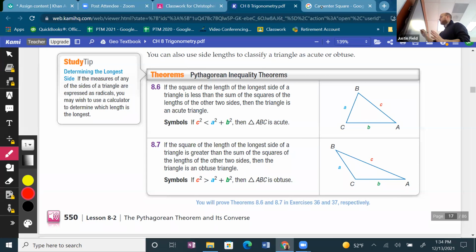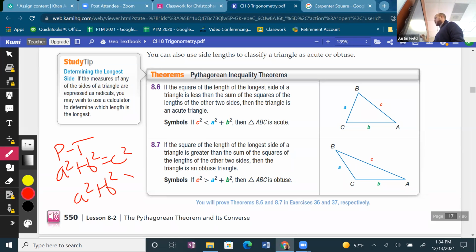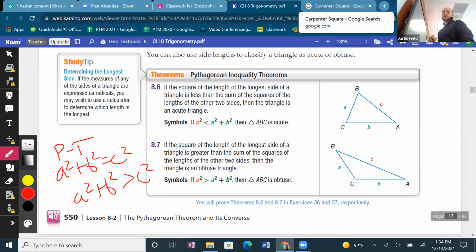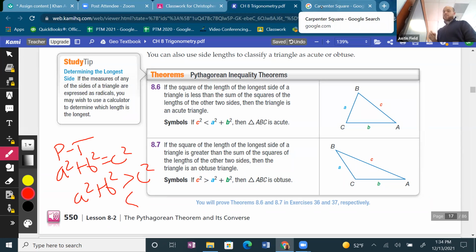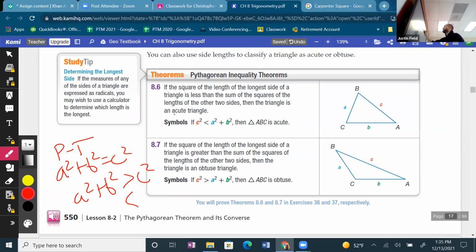Well, we know that the Pythagorean theorem says a squared plus b squared equals c squared. But what if a squared plus b squared, when you add them together, are greater than c squared or less than c squared? Well, that means something too. If c squared is less, then you have an acute triangle.